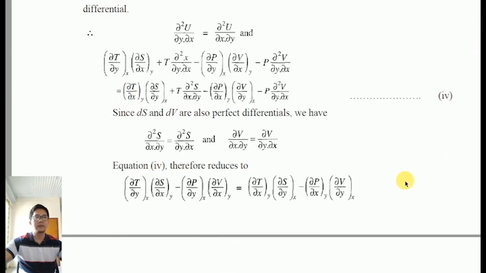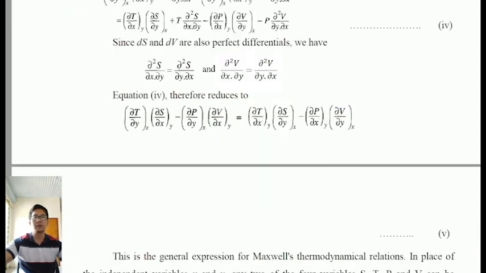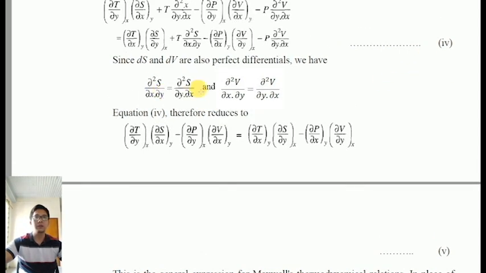And now we also have dS and dV are also perfect differentials. Here should be square, here should be square. We know the meaning of perfect differentials: x first or y first, same. Then now we have equation 4. With this condition, this portion and this portion cancel out, and this portion and this portion will also cancel out.